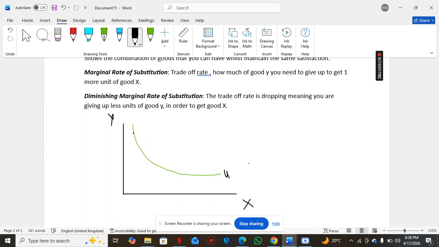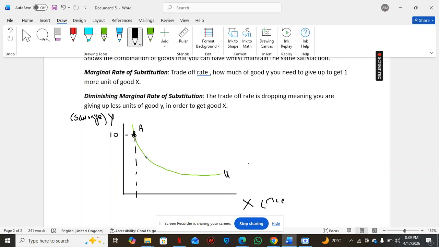So let's say good y is sausages and good x is rice. Let's say here at point A, you have 10 sausages and you have one bag of rice. All right.